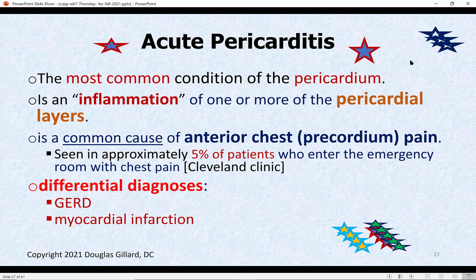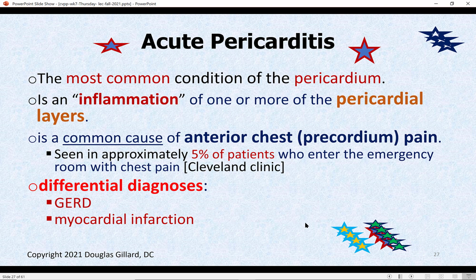Okay, well that makes sense. Who cares about this? It's very difficult to tell apart acute pericarditis from myocardial infarction, from even an attack of GERD. These three can be very similar. So much pain that you go to the hospital. So it's tough to tell these apart.